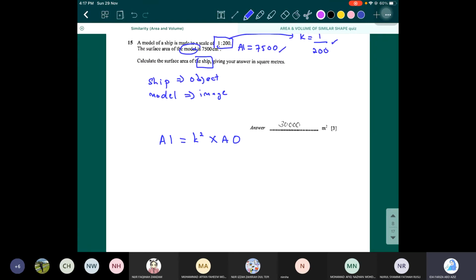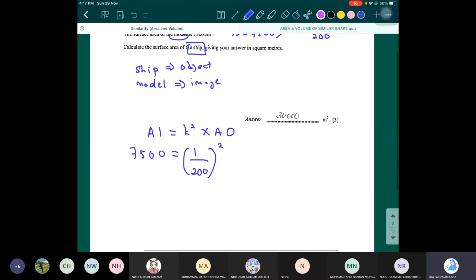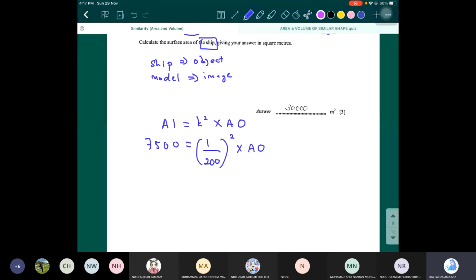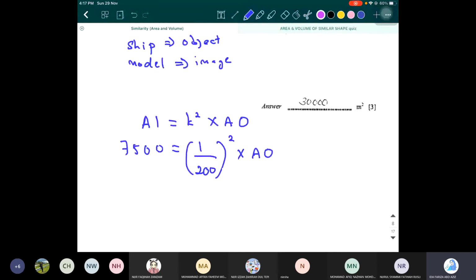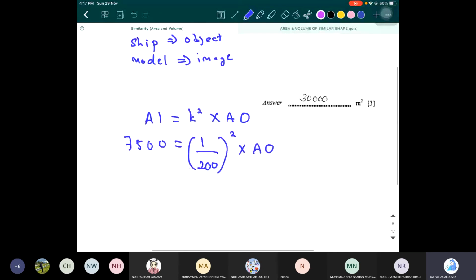So, 7500 equals 1 over 200 in brackets squared, because the scale factor has to be squared, times AO. AO is unknown, the area of the ship. We want to find the area of the ship now. I have decided that the ship is my object.